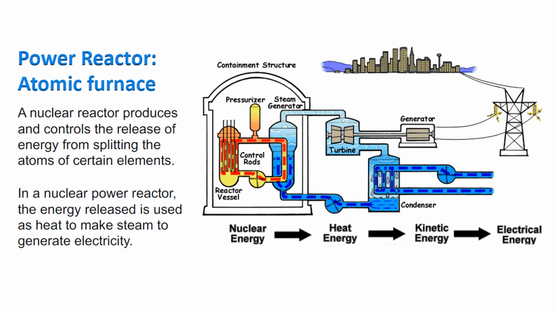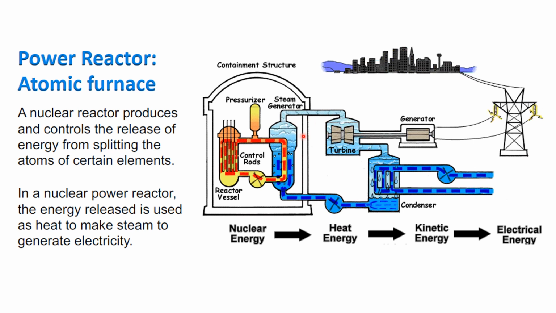And this steam, generated from the boiling of the water, will be used to power your turbine. When this turbine is powered up, it will move your generator. And by electromagnetic induction, it will create electricity powering your cities and homes. So from nuclear energy, you produce heat energy in the form of steam.